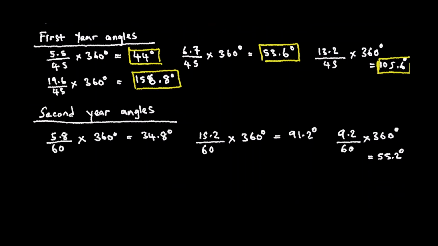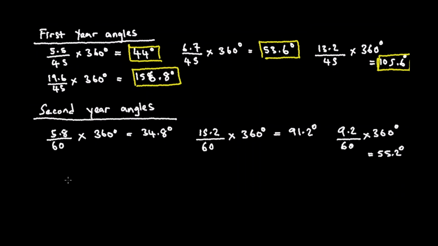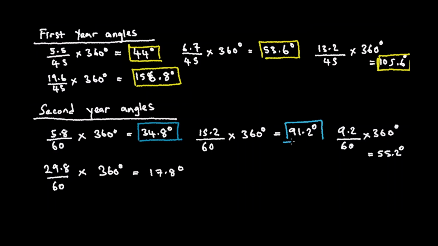And then lastly, Europe, 29.8 over 60. We multiply this by 360, and what are we going to get? 178.8 degrees. In like manner, when we take these values and add them, they also give us a complete revolution.